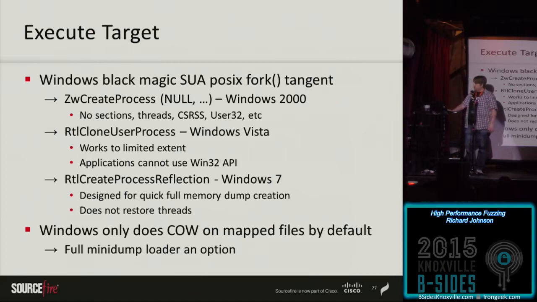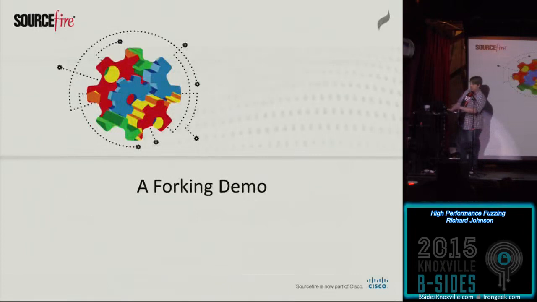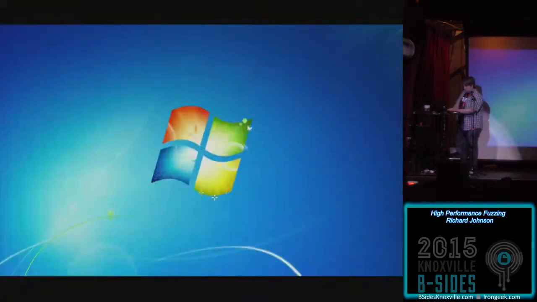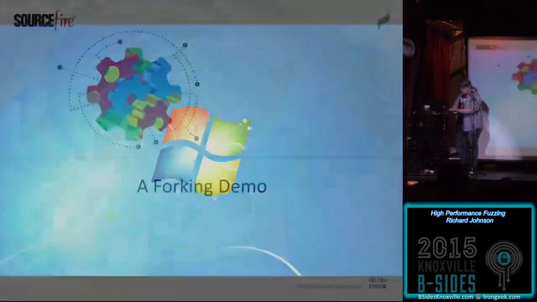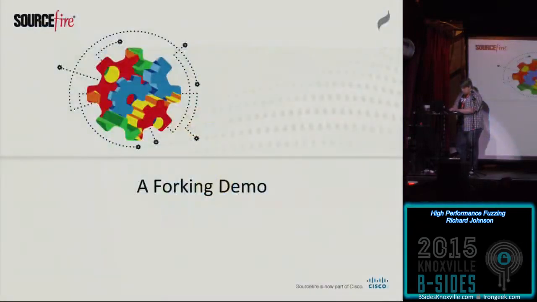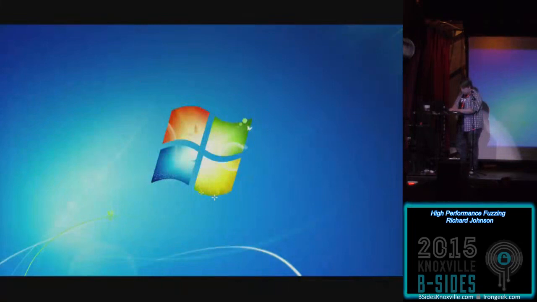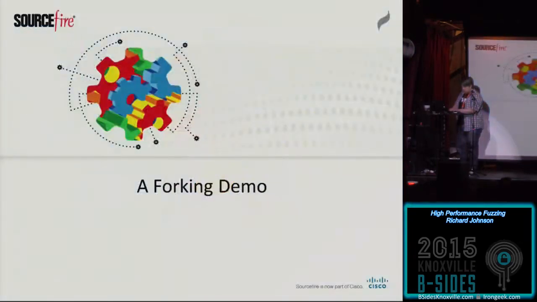And I'll show you what happens. Well, this is the demo. We'll go back to the results in a second. So here's demo number 1, forking demo. Oh, right. We're not mirrored.